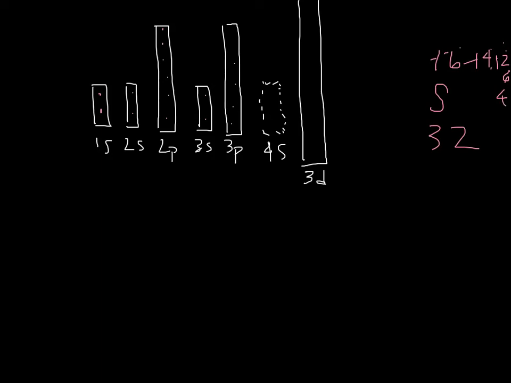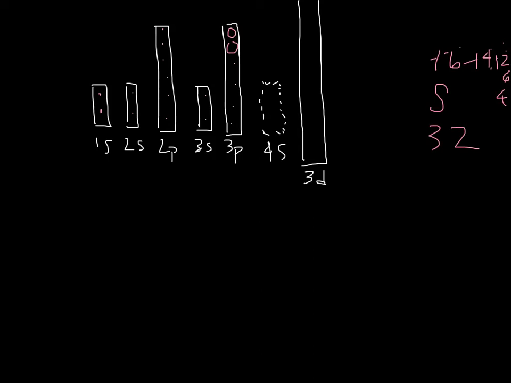So now I have 2 blank spots in my 3p level. And if you look at a periodic table, you'll see that sulfur is 2 to the left of argon.